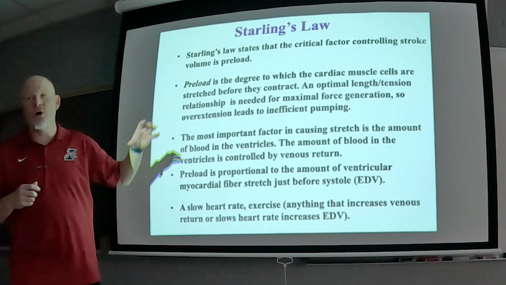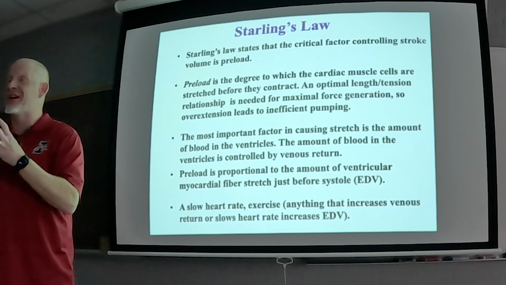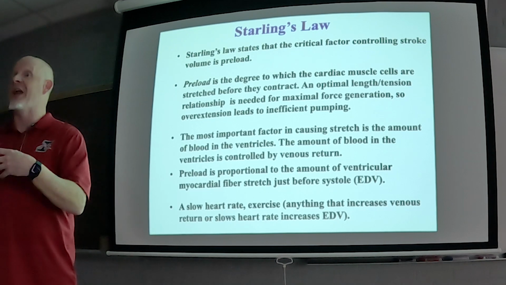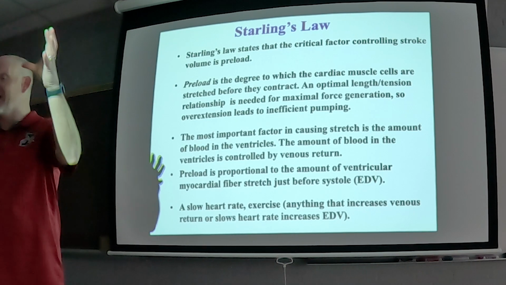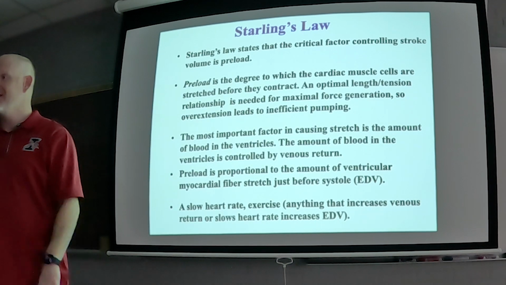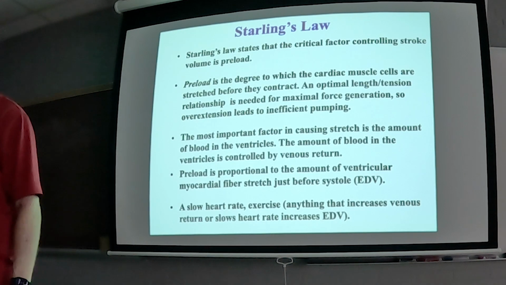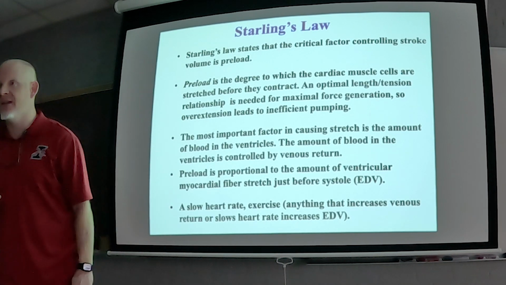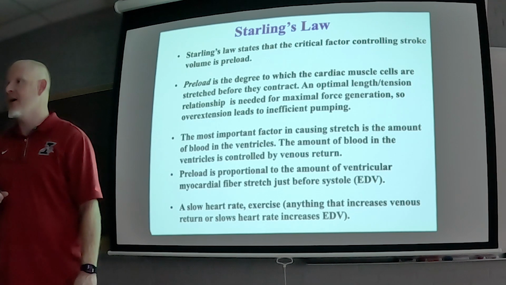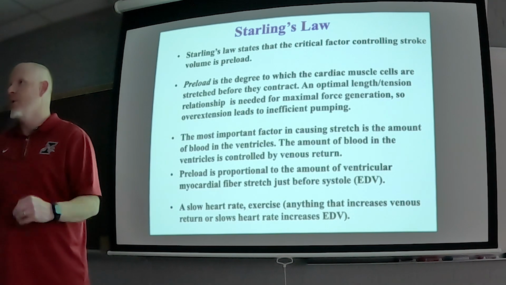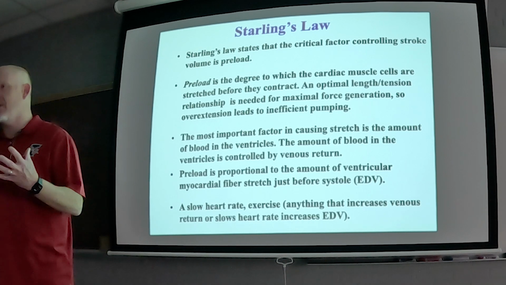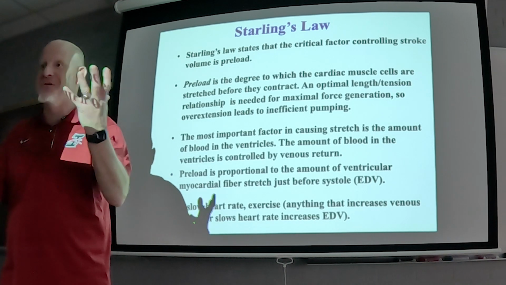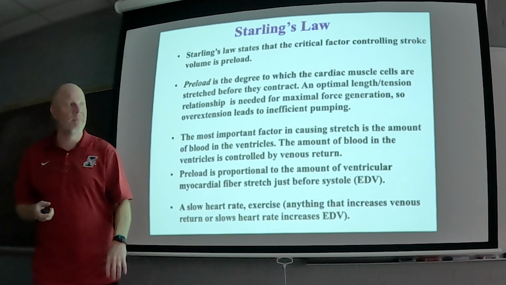Now, what the preload and contraction is overcoming is what's called afterload. Afterload is the pressure in the blood vessels, right? So have you guys ever heard that high blood pressure is the silent killer? That's what they call it, because a lot of people have high blood pressure, but not too high, not really, really high where you get headaches and you feel really bad.